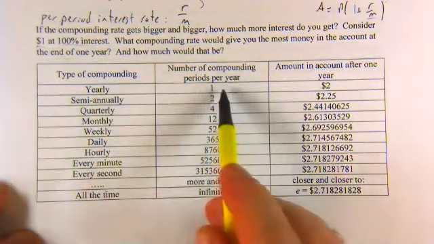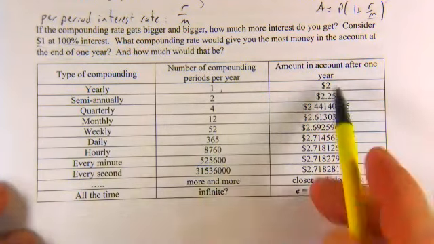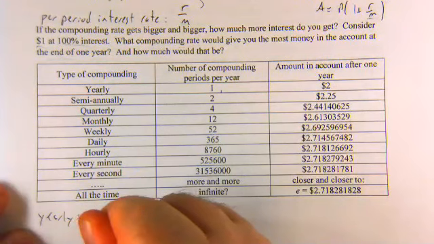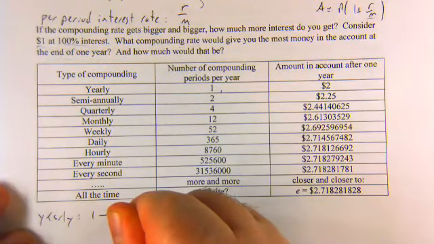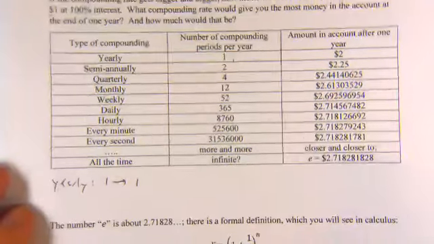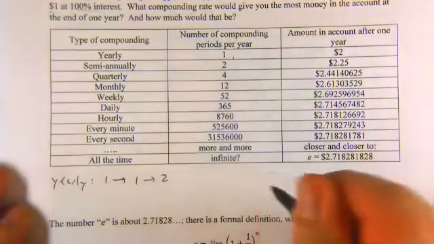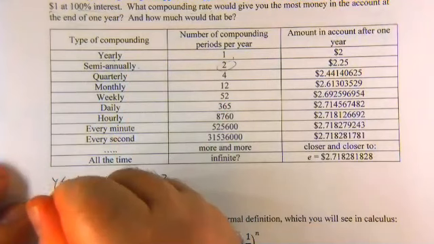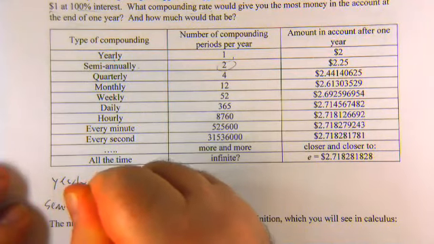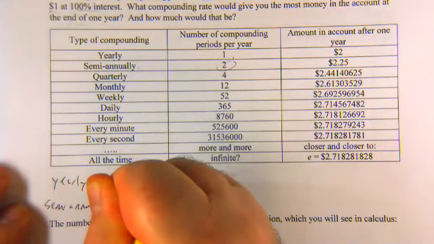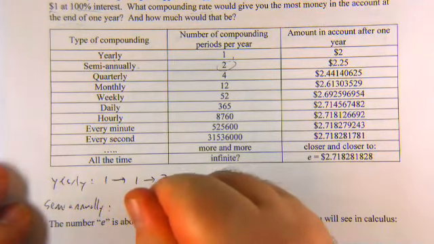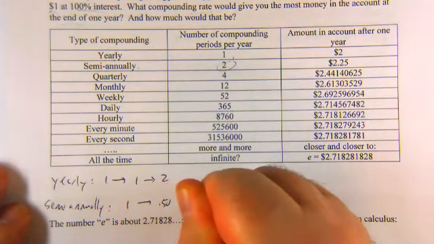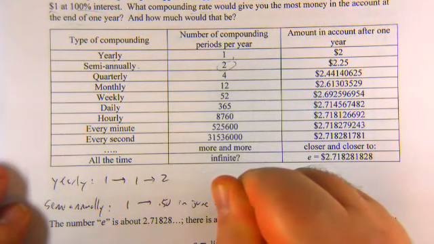So yearly, compounding period 1 year, that's $2. You start with $1, you get interest of $1 because it's 100% interest. At the end of the year, you have $2. Semi-annually, that means 2 times a year, so that would be in June and December. You start with $1, you get 50 cents in June, and that gives you $1.50.